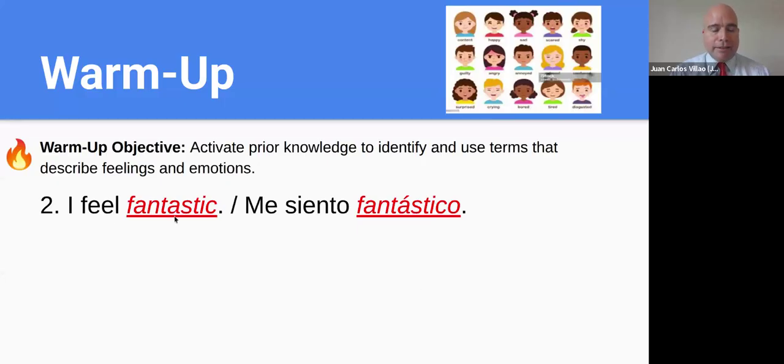Keep in mind that here we take into account an action verb, how you feel. So first person with I is I feel. In Spanish, me siento, or yo me siento, if you want to use yo. In English, it will be I feel fantastic.